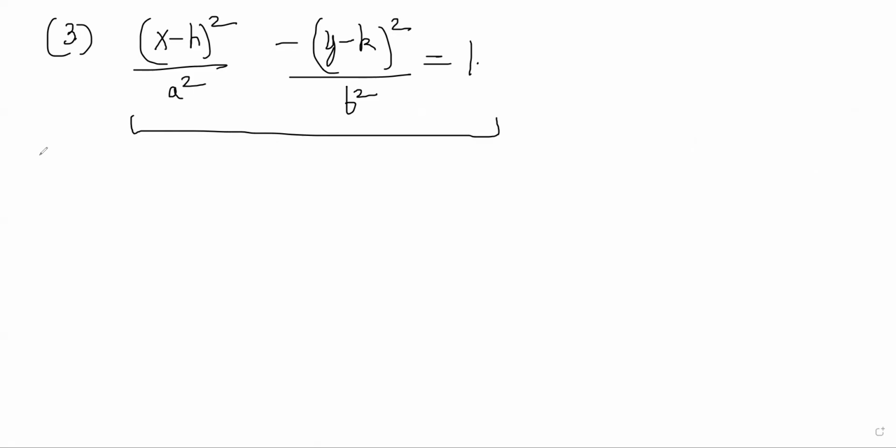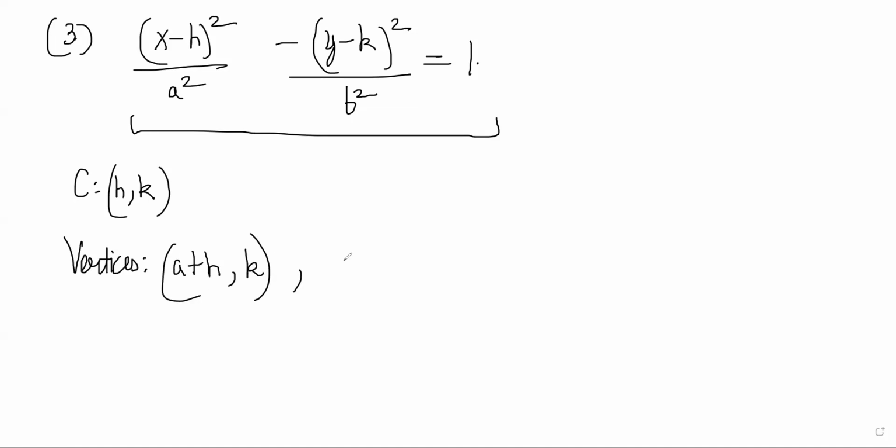So here what we will do is, we will say center is h comma k now. And what else do we know? We know that vertices would be a plus h comma k, and h minus a comma k.